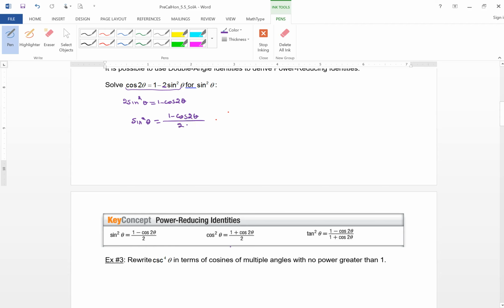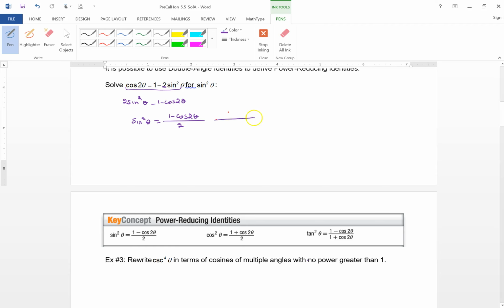Well, what does that do? That takes your function with an exponent and changes it into an expression that has no exponent. So sometimes it's necessary for us to eliminate powers or exponents, and that's when we can use this one.